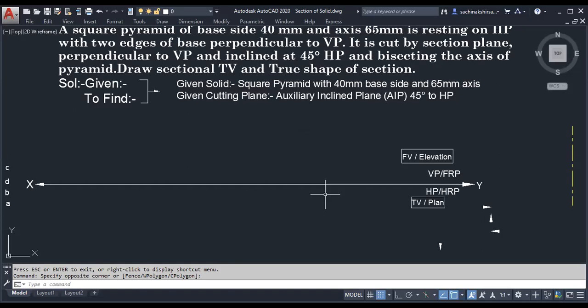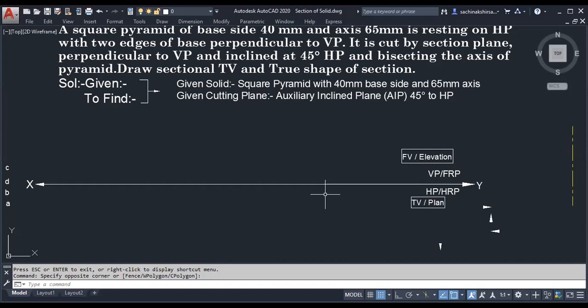Whatever axis the pyramid has, it is cut in such a way that its axis is divided into two equal parts. Okay, so draw its sectional top view and true shape of section.